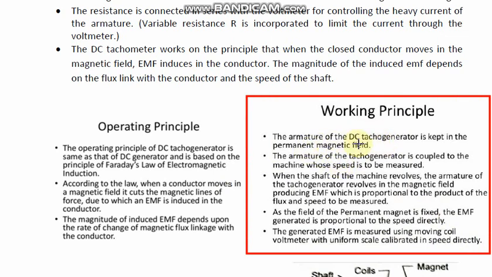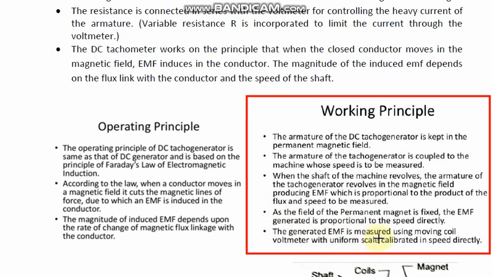The armature of the DC generator is kept in a permanent magnetic field. The armature of the tacho generator is coupled to the machine whose speed is to be measured. As we have just seen, when the shaft of the machine revolves, the armature of the tacho generator revolves in the magnetic field, and it produces EMF, which is proportional to the product of the flux and the speed of the shaft.